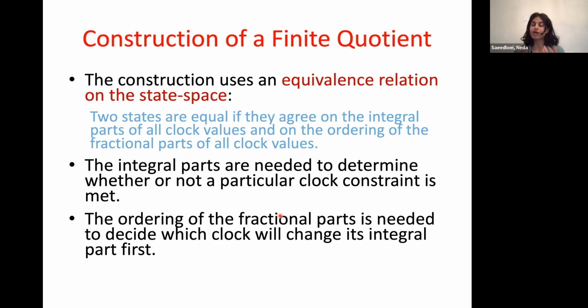For example, if in one state I have clock X that has value 2.5 and clock Y has value 3.7, you see that the fractional part of clock Y is larger than the fractional part of clock X. Now, in another state, if I have the value of clock X being, let's say, 10.1 and the value of clock Y is 10.9, again, the fractional part of clock Y is larger than the fractional part of clock X. Actually, that was not a good example because they would not agree on the integral part.